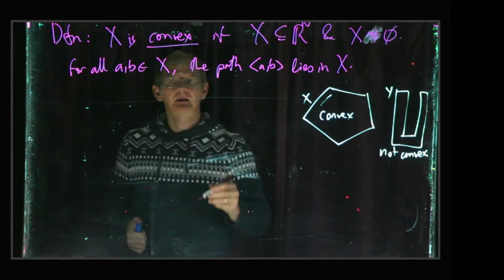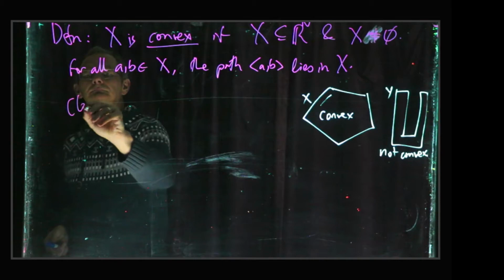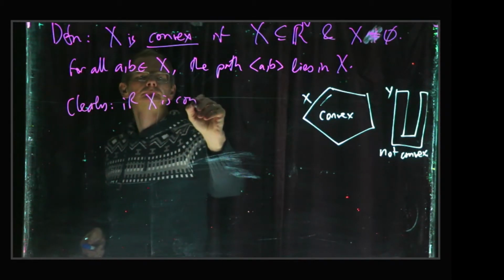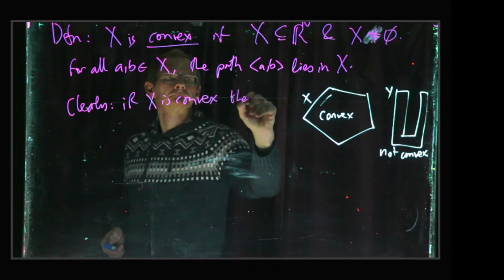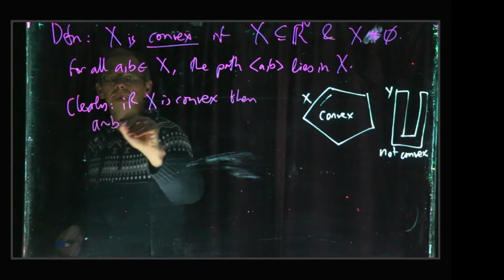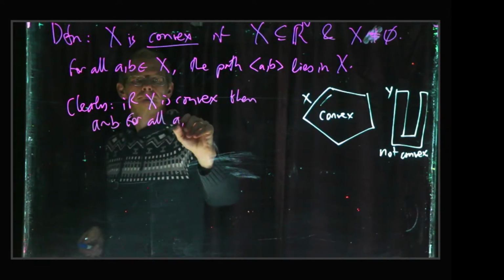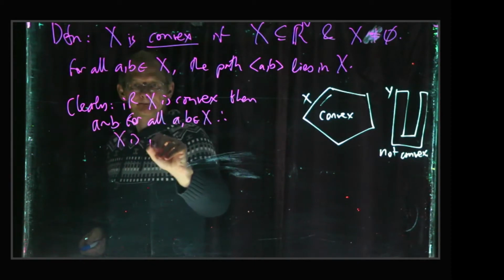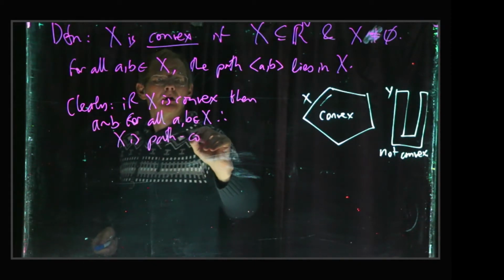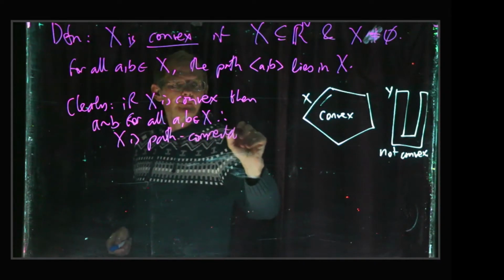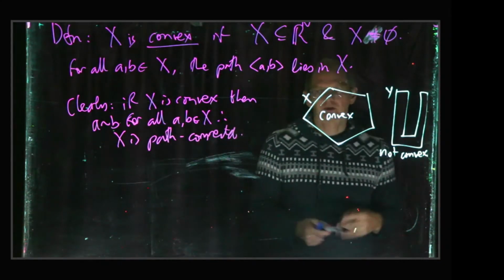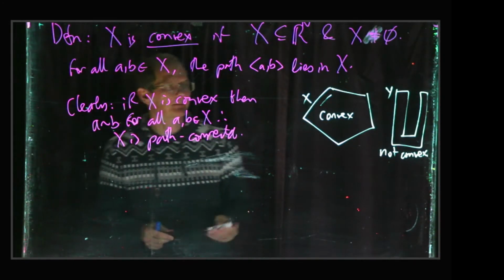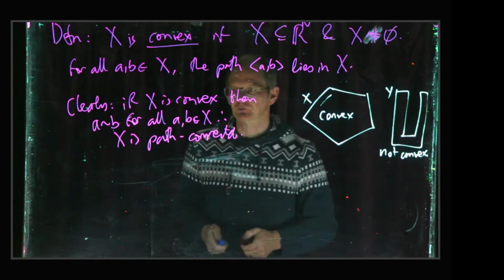So convex spaces are rather obviously path connected, because path connected means non-empty and any two points can be joined by a path, and in a convex space you can just use the straight line path.